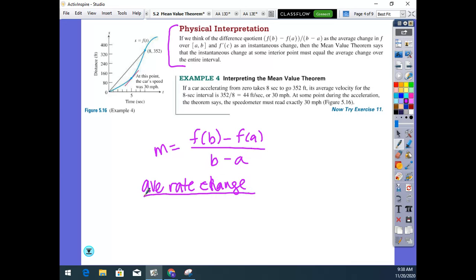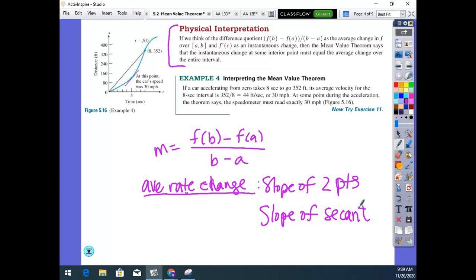This is how we started chapter 2. We talked about the average rate of change is the slope of 2 points. It's also the slope of the secant line. It's the slope of the endpoints. That's what we've been finding.